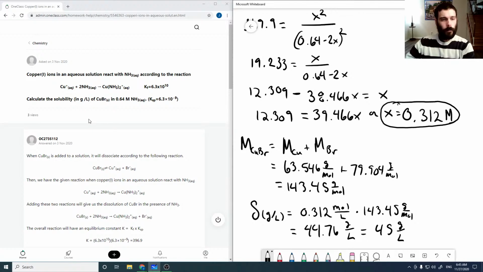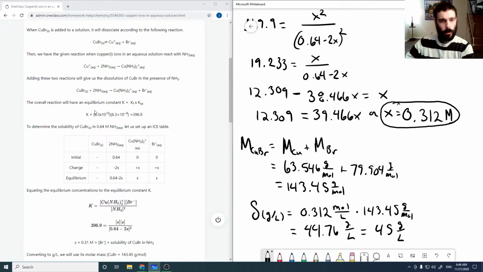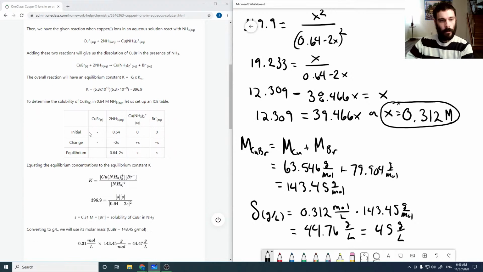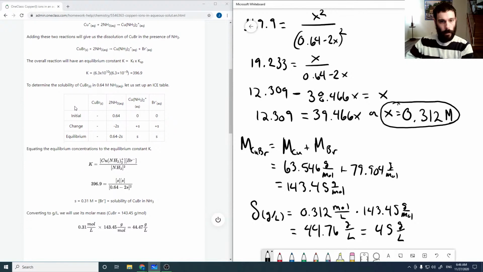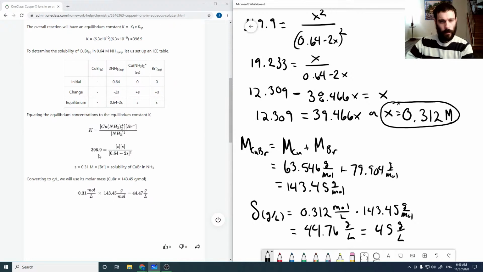Okay, so going through the solution here, when copper bromide is added to solution, we sum the reactions. Our K is going to be products over reactants. We set up this ice table, which I showed as well, and we can equate to get a molar amount of our bromine of about 0.31.